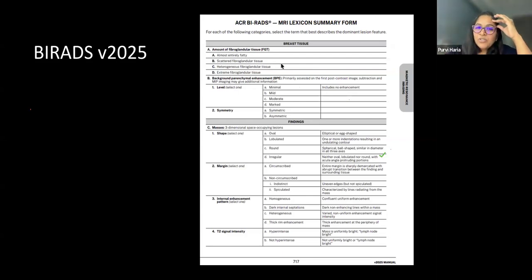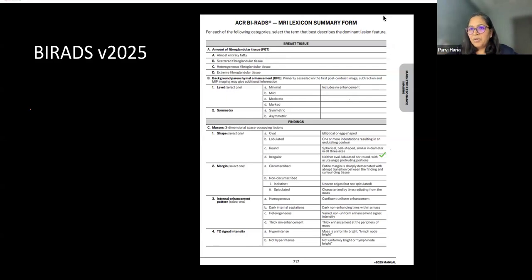The BI-RADS lexicon talks about the amount of fibroglandular parenchyma to be mentioned, background parenchymal enhancement to be mentioned, and mass lesions to be mentioned in certain ways. I will discuss these things shortly. First, let's start with the amount of fibroglandular parenchyma on the breast, because this correlates with the density on mammogram, like how much parenchyma there is.